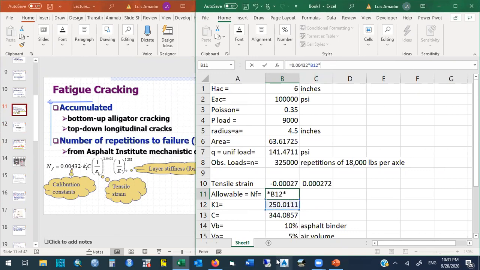Times C, times, and now I have 1 over the tensile strain to the power of 39492. And now I have 1 over the elastic modulus to the power of 1.281.